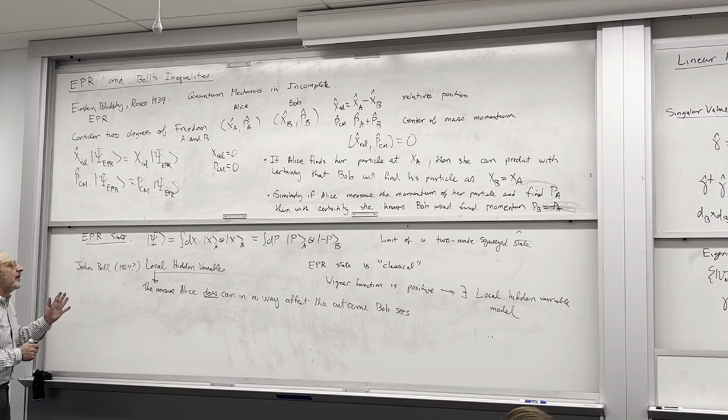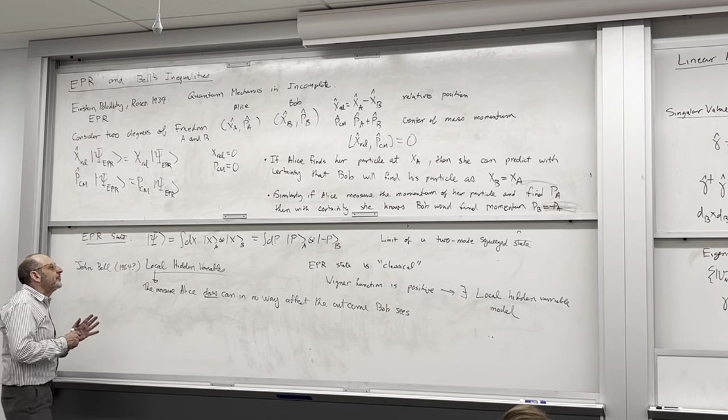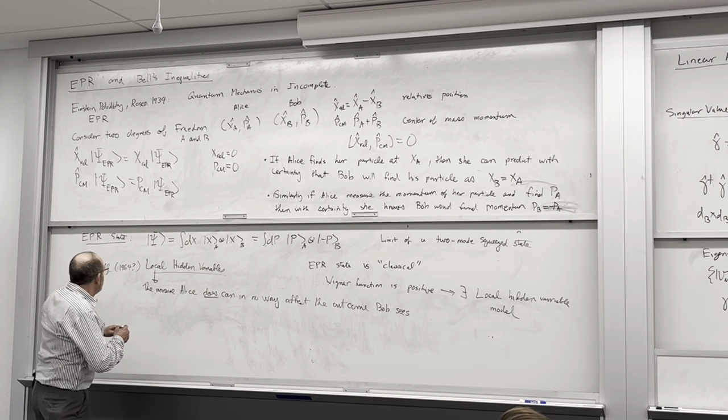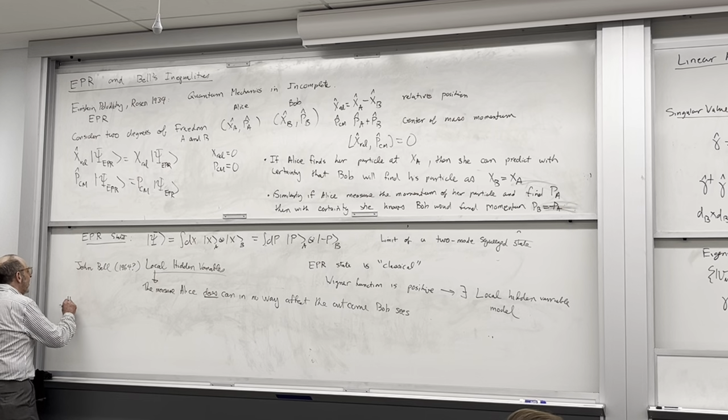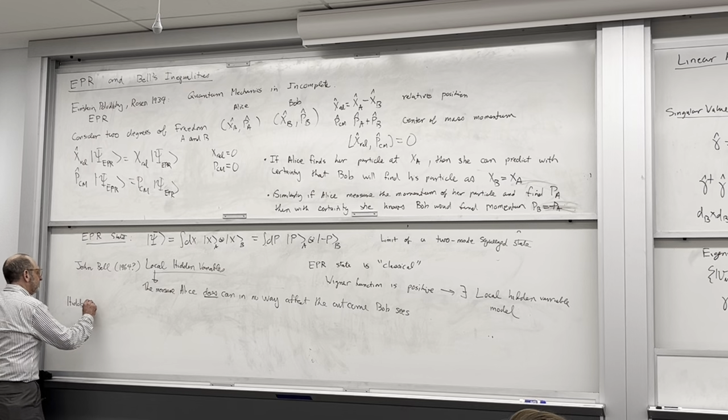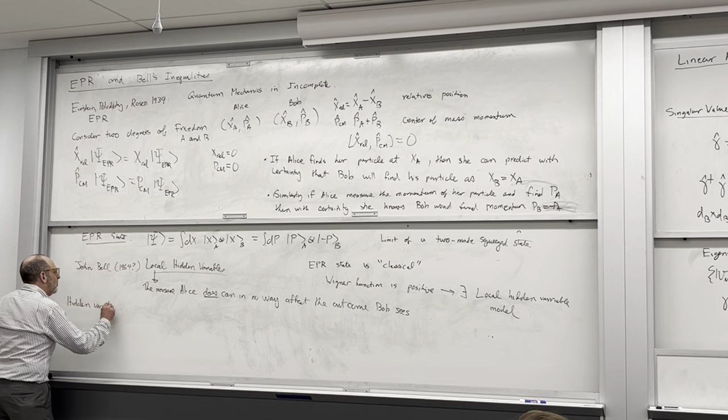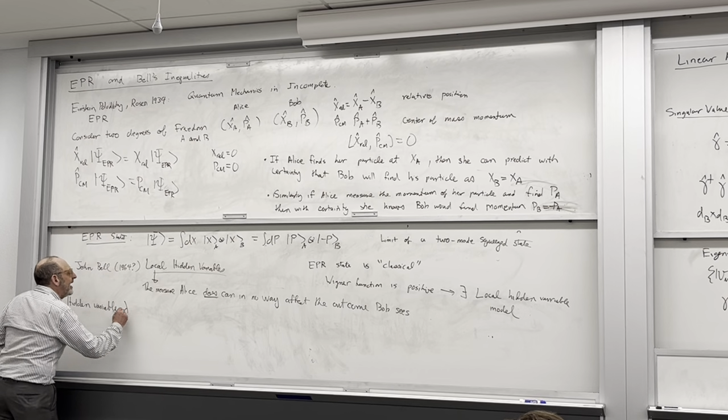So what that meant is that there is a hidden variable. What Bell called it was lambda.